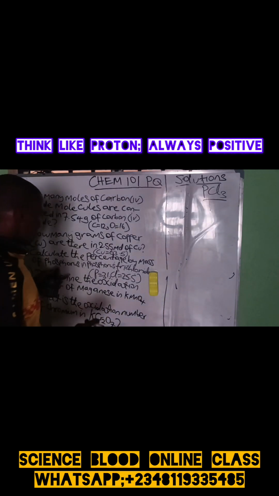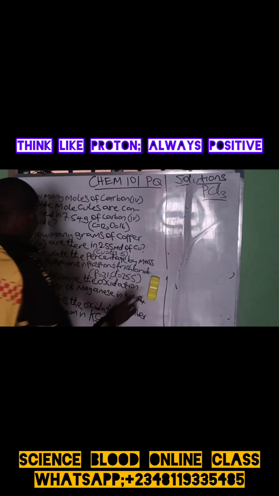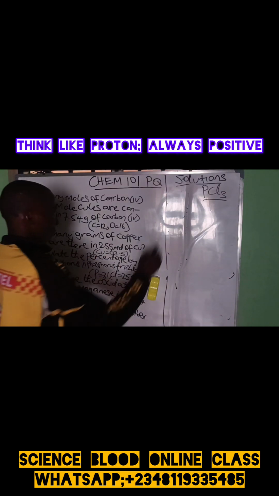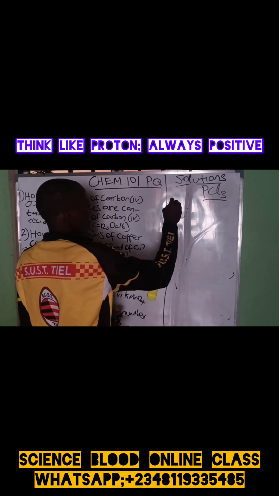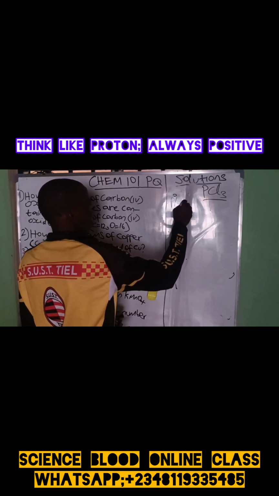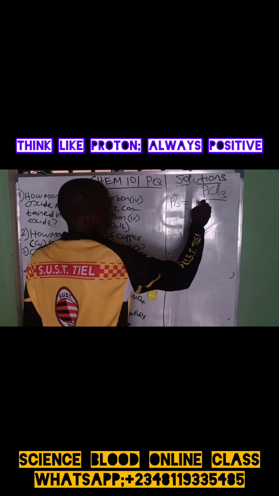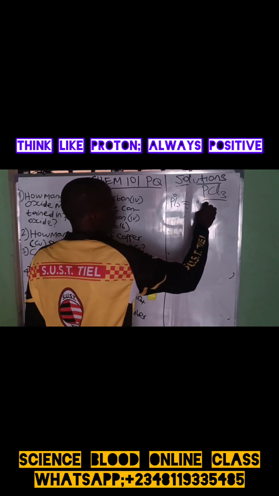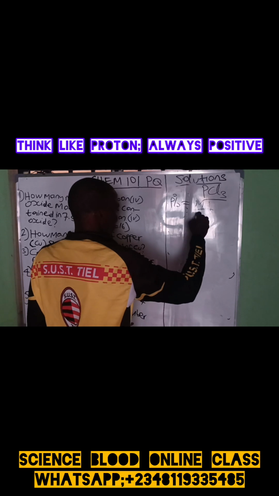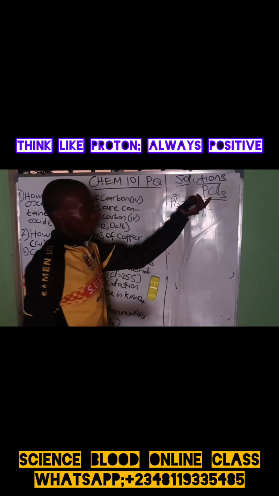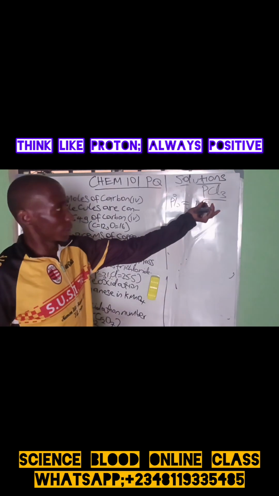But the question is asking us to calculate the percentage by mass of phosphorus. Therefore, percentage by mass of phosphorus equals the mass of the phosphorus over molar mass of the phosphorus trichloride.